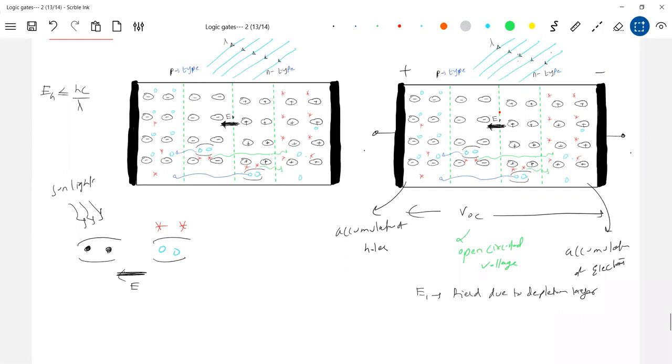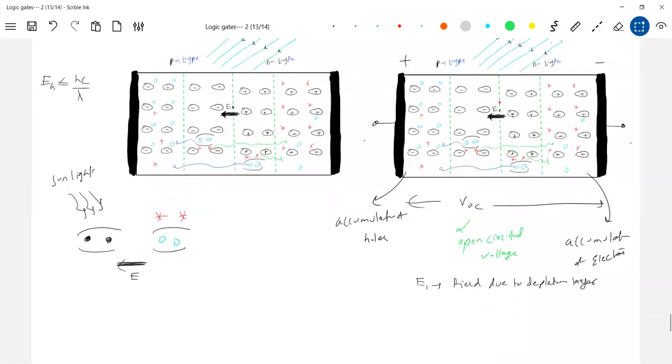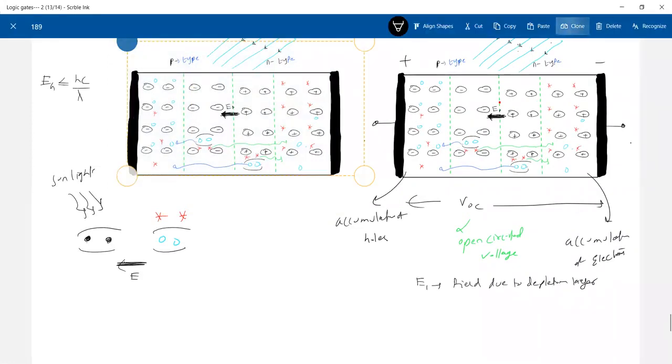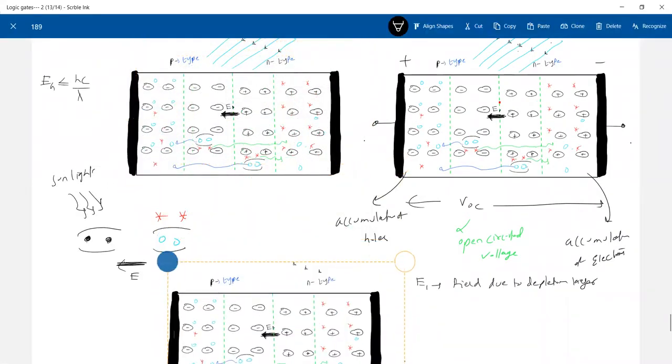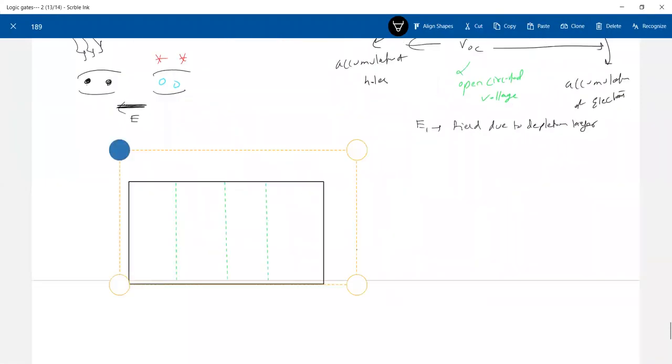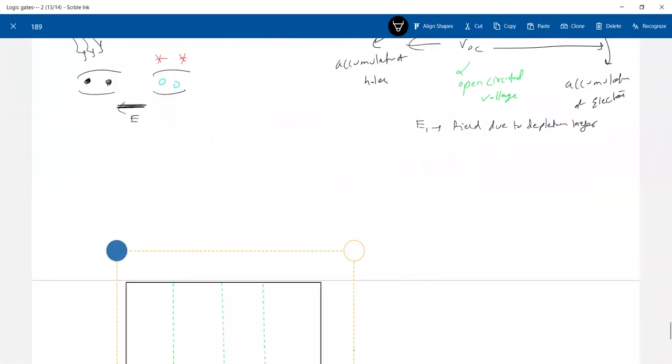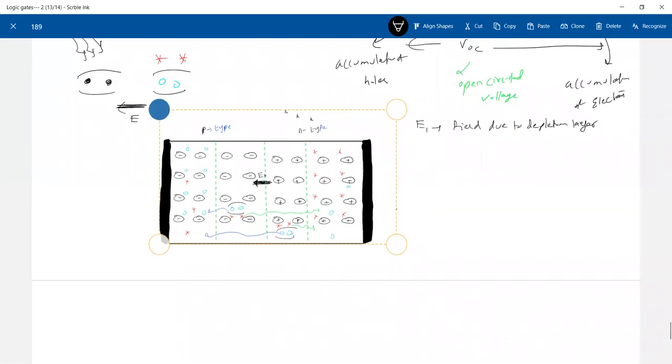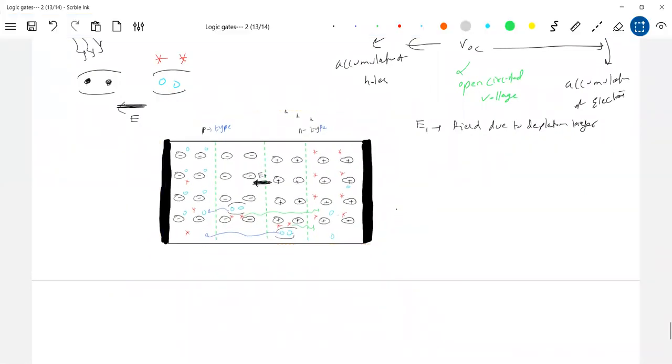Now I will short circuit it. What do you mean by short circuit?